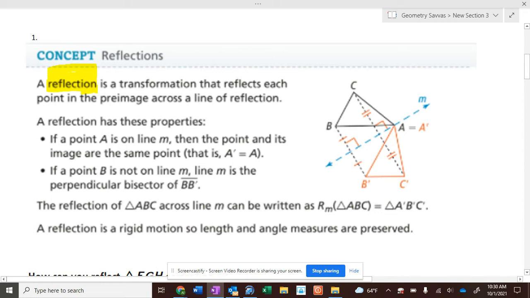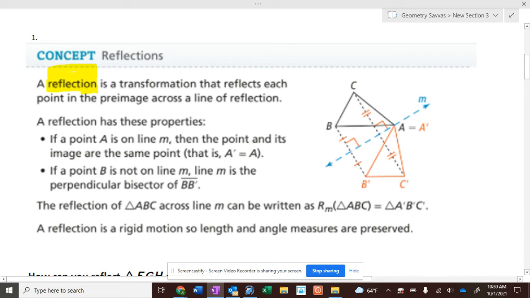All right. So here we go. Line M right here is a line of reflection. So we're going to take this and reflect it across that, kind of a mirror image.